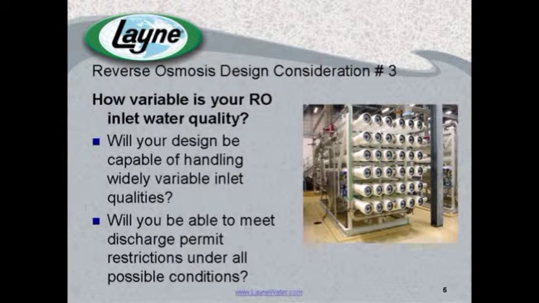We have seen cases where people have run into problems with their discharge permits because they hadn't accounted for the fact that under drought conditions the receiving stream flow is already reduced, and now you're trying to add a very high dissolved solid water into there, and you might find yourself in a very unfortunate situation. So those are a couple other things to consider right up front.